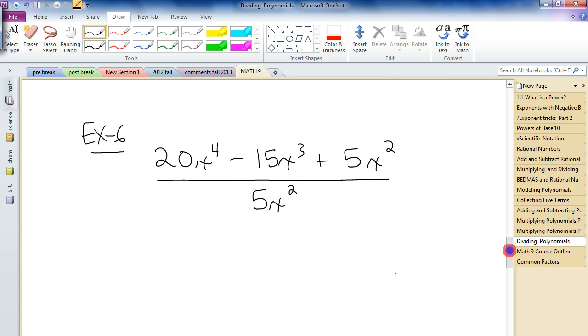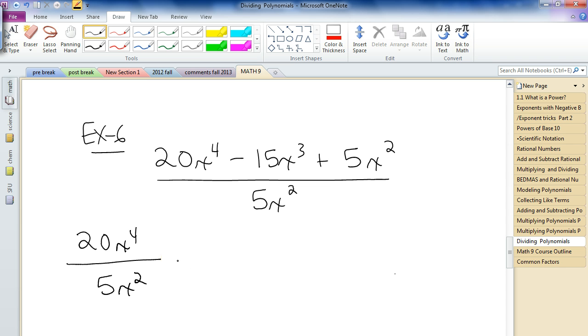How about this? Again, these three terms in this trinomial will be all divided by the 5x squared. So we want to rewrite it. This becomes 20x to the power 4 divided by 5x squared. And then, again, you can leave this minus down here, and then just put 15 divided by that, or you can leave that minus sign with it when you write it down and put plus.